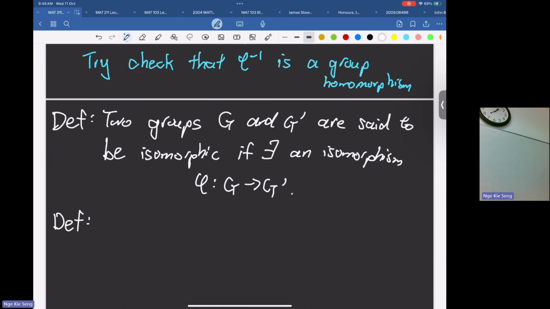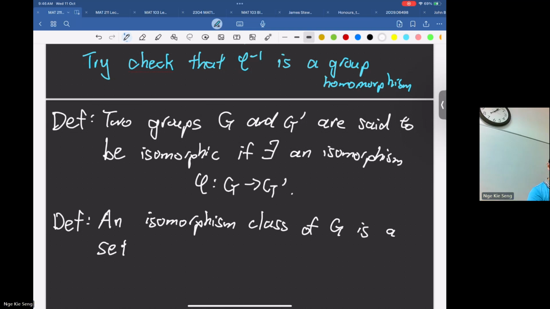If there's an isomorphism, we say these groups are the same, equivalent up to isomorphism. And then this element from another set, which we call an isomorphism class. So an isomorphism class of G is a set of groups isomorphic to the given group G.